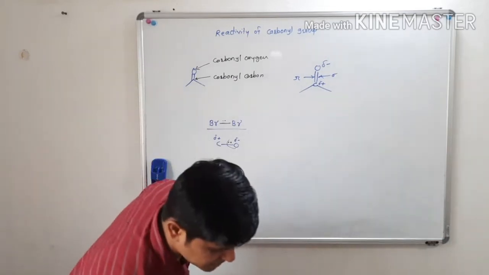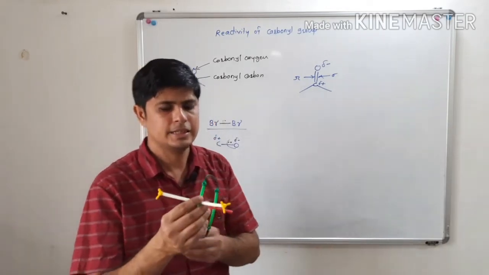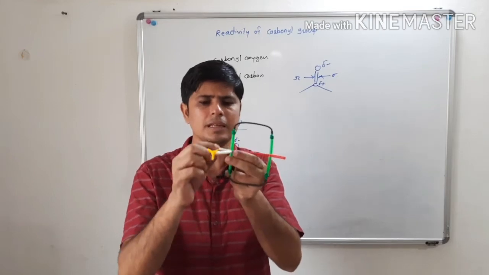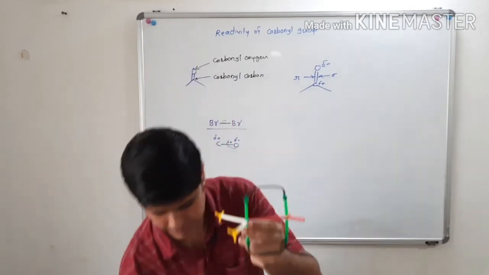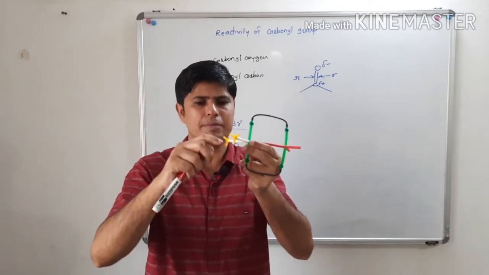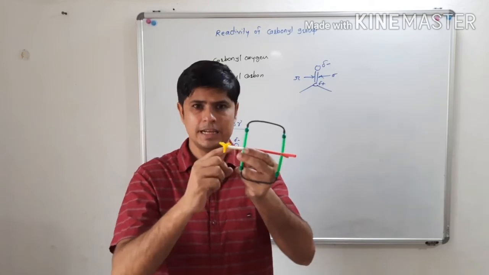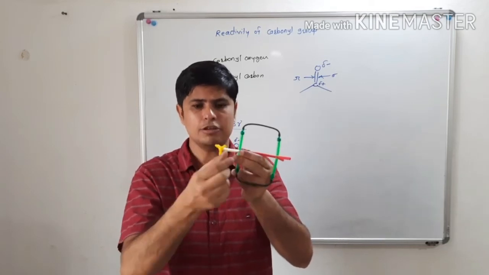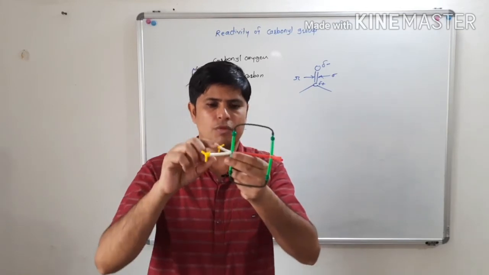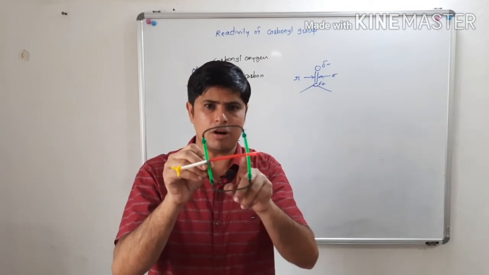Now suppose we see a model. This is a carbon atom. This carbon atom has one bond and a second bond, each to a methyl group. And this is an oxygen atom.